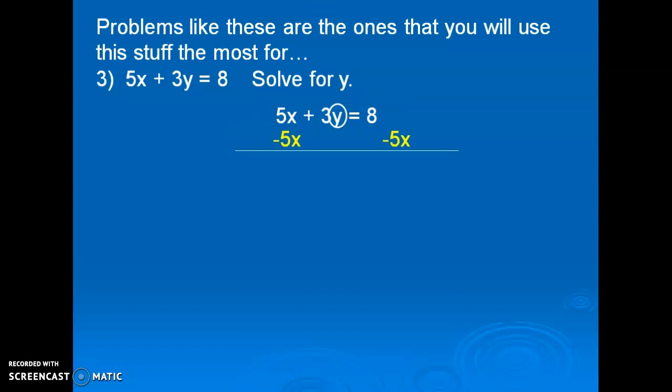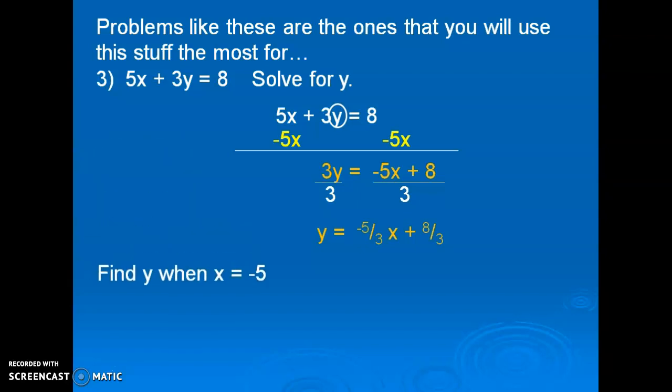And if we simply look at column addition, we're left with 3y on the left equals negative 5x plus 8. And now we have 3 times y, so we need to divide both sides by 3. And we're going to end up with y equals negative 5/3 x plus 8/3, because we can divide that 3 into both those terms.